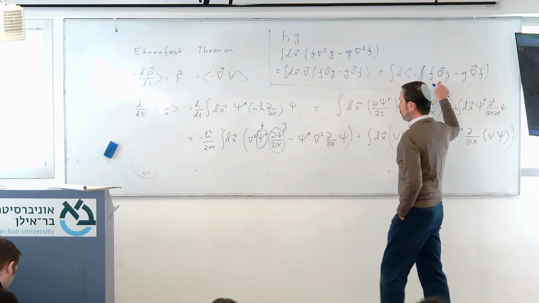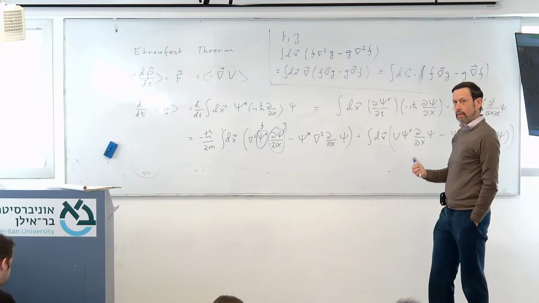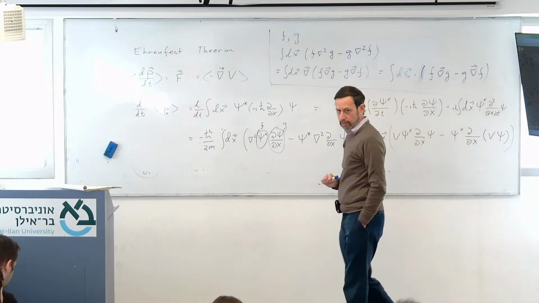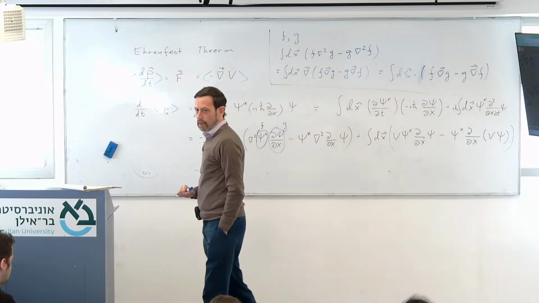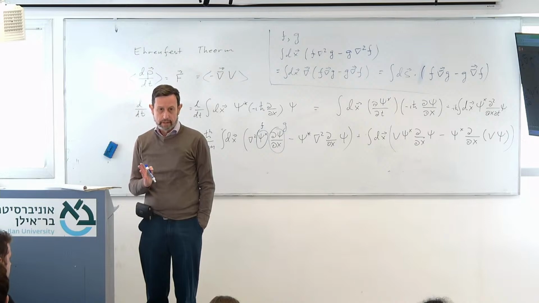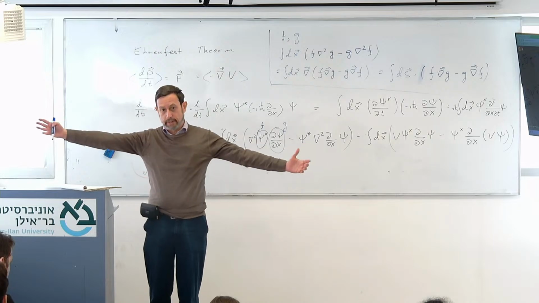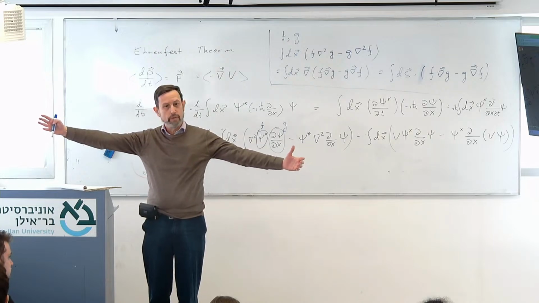So, instead of this, I can write this. Now, we are dealing with a wave function. Wave function has to be normalized to 1. If it has to be normalized to 1, at the surface at infinity, it goes to 0.